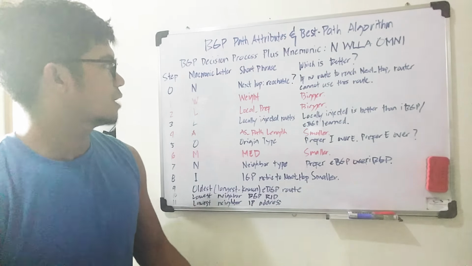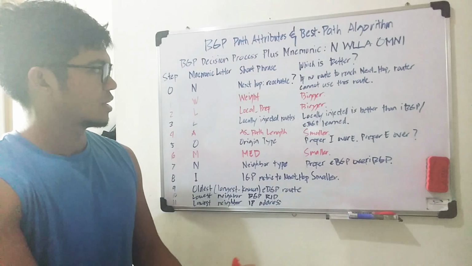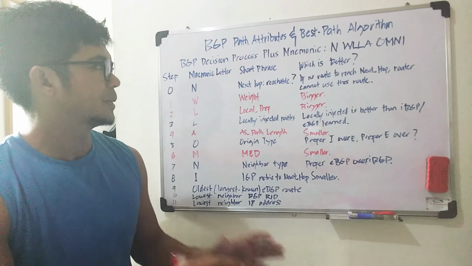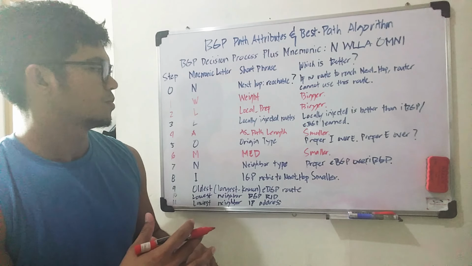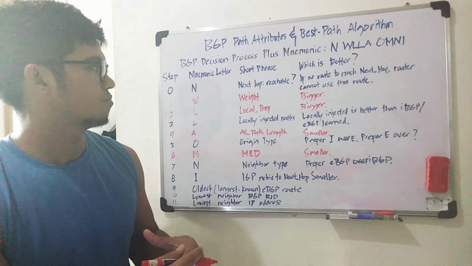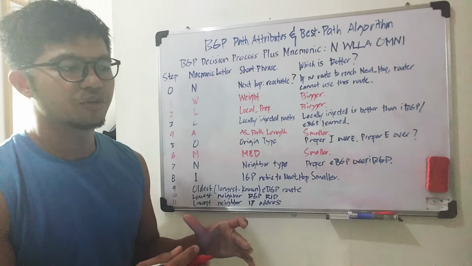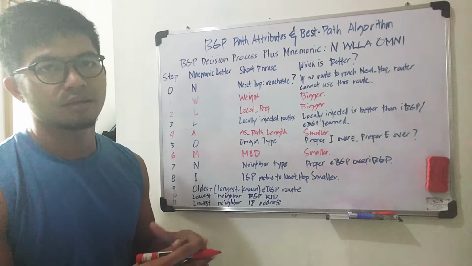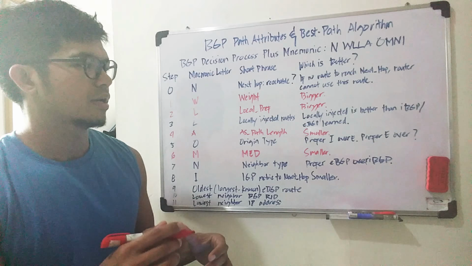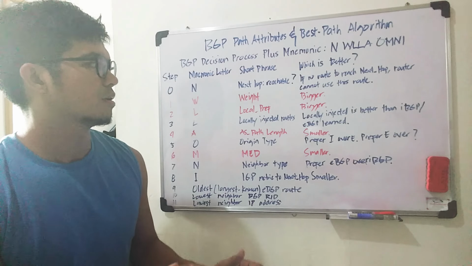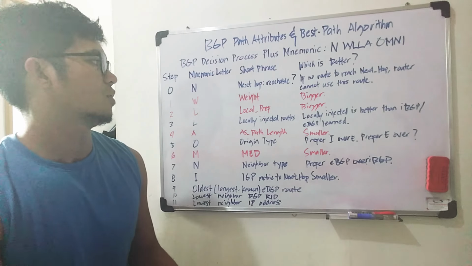And by the way, weight and local pref, you can use them to influence the outbound traffic. You can configure a BGP policy usually by using route maps, and you will apply the route map inbound, because you are influencing the outbound traffic or routes.